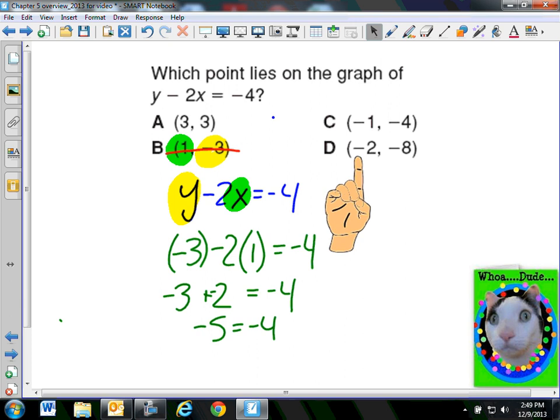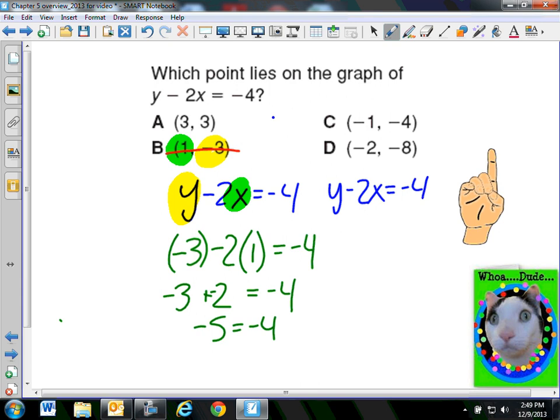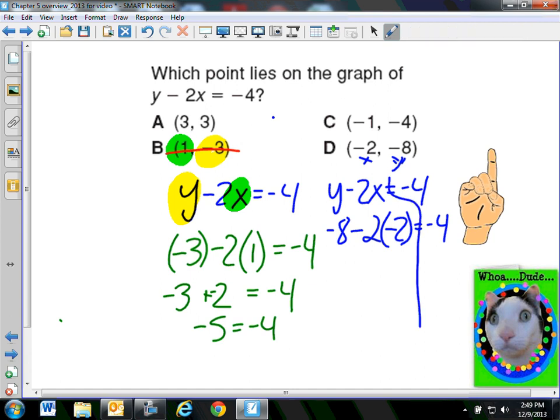Let's go over here to this one. I'm going to write it out. y minus 2x equals negative 4. I'm going to plug in my x and my y, right? That's my y right here. So I'm going to do negative 8 minus 2 times negative 2 equals negative 4. I should probably keep this in a straight line, and I didn't. I apologize.